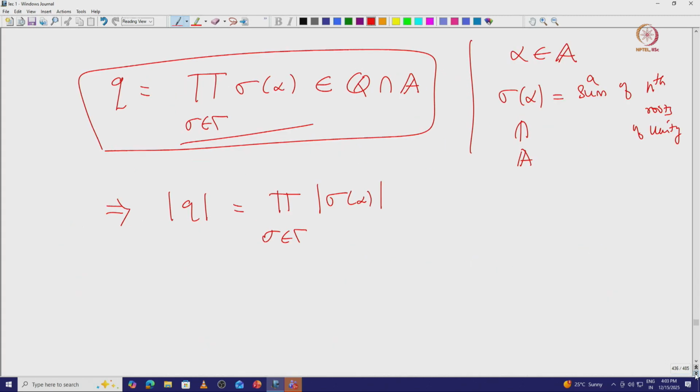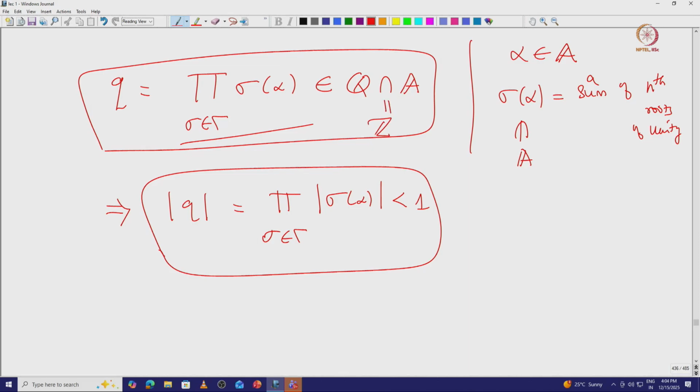So, that tells us that the absolute value of q is strictly less than 1. Now, note that q being an element of Q intersection A, which is exactly the set of integers, that would imply that q is an integer and the absolute value of q is strictly less than 1. So, that would immediately imply that q must be 0.